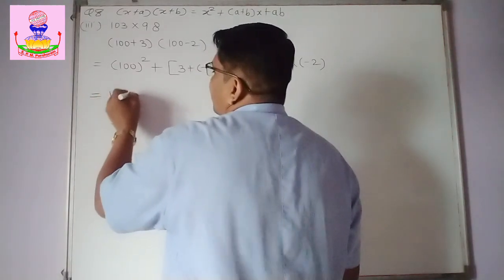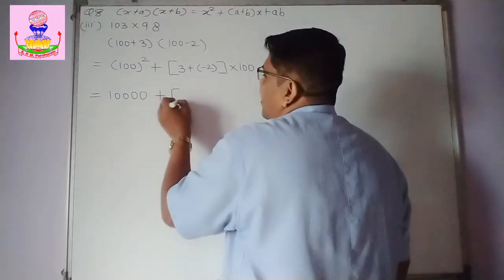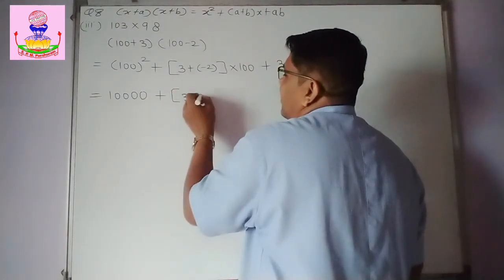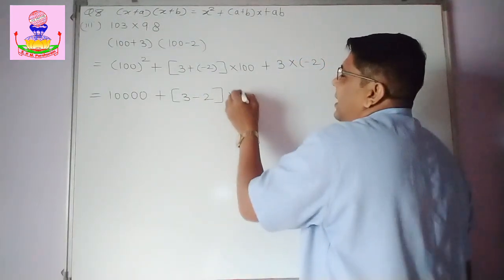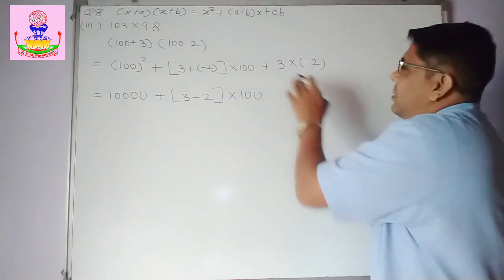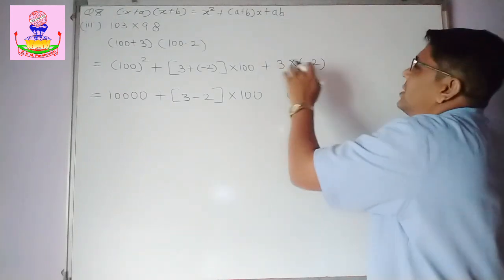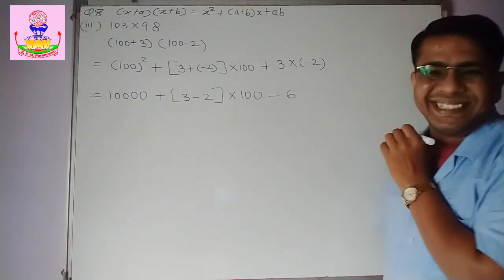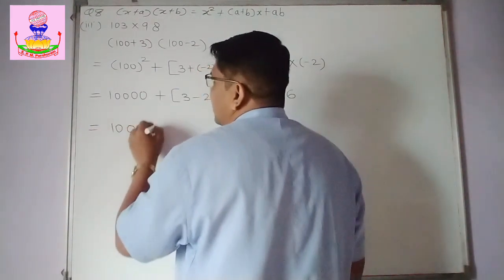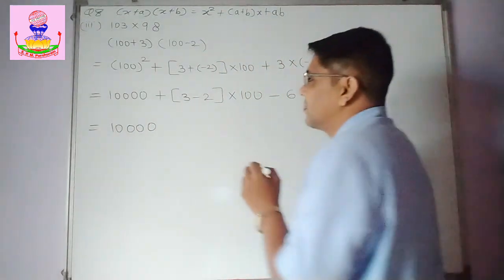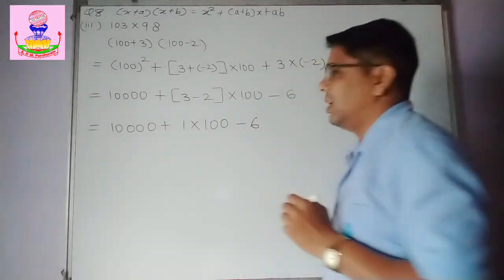Okay. Now, square of 100, 10,000 plus. Right? Now, 3 plus into minus, minus. So, 3 minus 2 into 100. Now see, 3 2s are 6 and plus into minus, minus. Okay, now see, 10,000 plus 3 minus 2, 1. 1 into 100, minus 6.